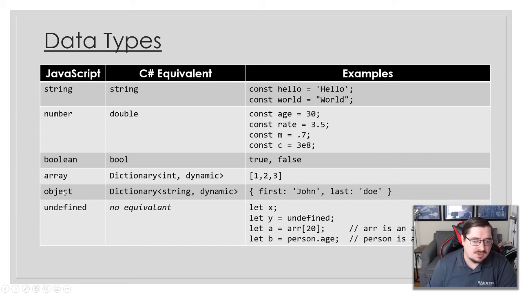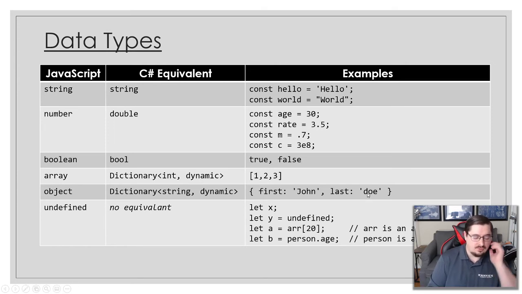Next up is objects. We can have objects in JavaScript, and we can just create them as we need them. We don't have to declare a class in order to have an object in JavaScript. So here, if I want to just create a literal object, this object's going to have two properties, first and last. First is set to the value of John, last is set to the value of Doe.